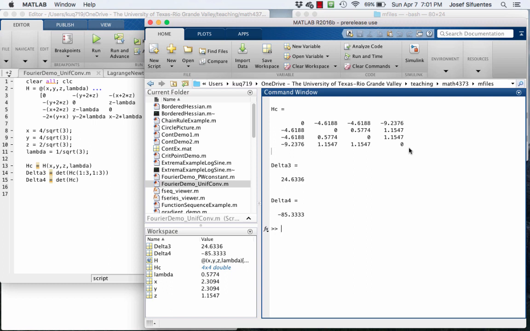Confirming that what I found is indeed a local maximum. And because my function is defined for all x, y, and z that are positive, I can conclude that this is indeed a global maximum.